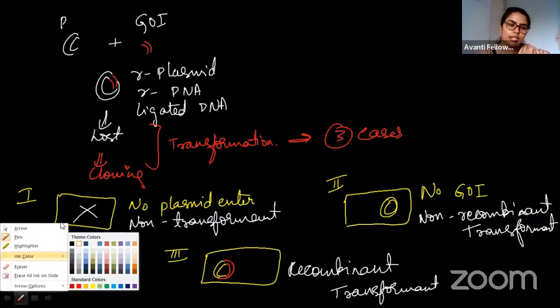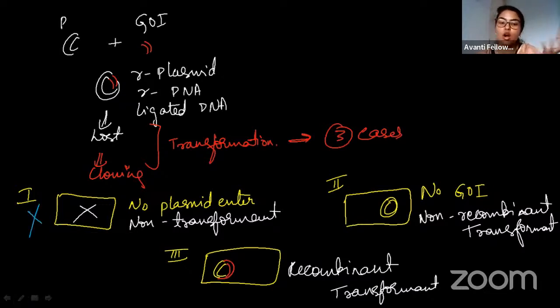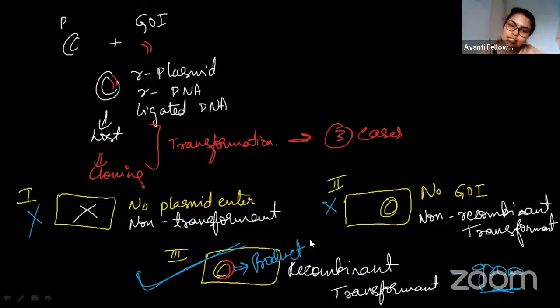We want this recombinant to grow more and more, so that when the bacteria has the gene, we get the desired product. That gene will produce the desired recombinant product in it. From that, like the insulin example we took, we will separate, purify and use that insulin. Okay, let's go.